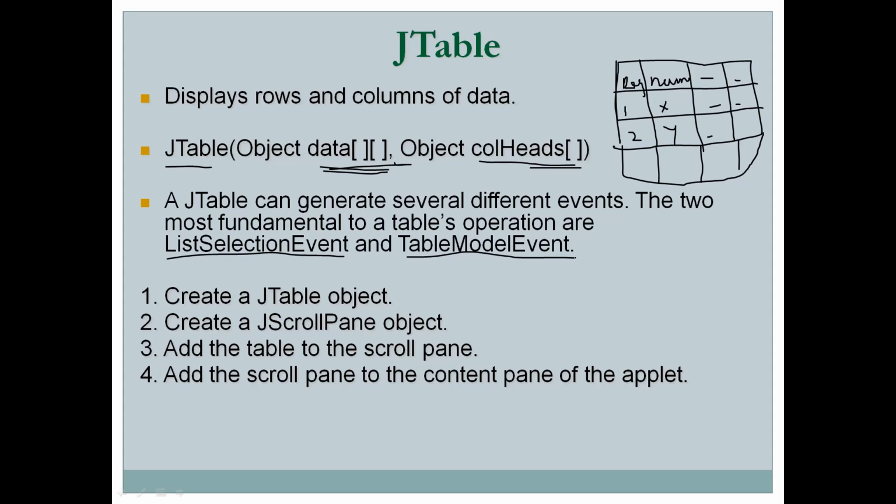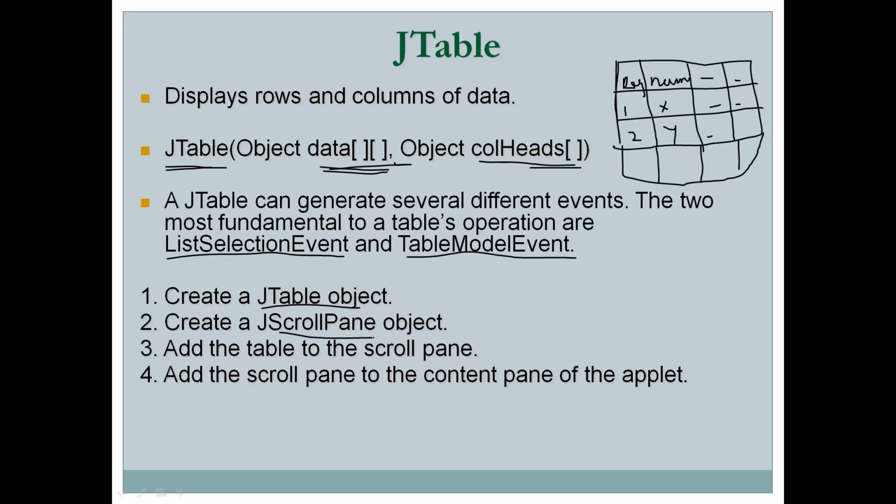Now there are certain steps which we can use to create a JTable. First, create the JTable object by using the constructor which is shown here. Secondly, we need to create a scroll pane. Why do we need a scroll pane? Because a JTable contains multiple rows of information which might not fit in the viewable area.